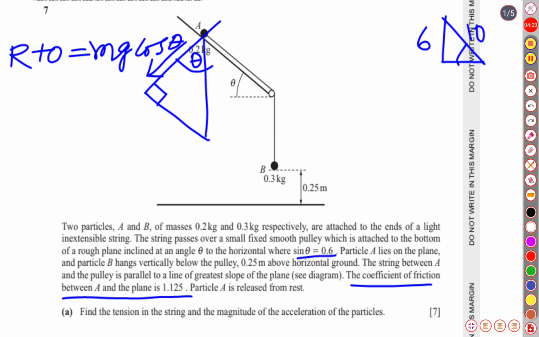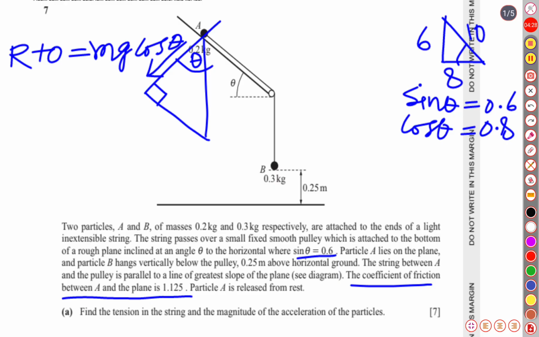So surely the horizontal side is going to be 8. Then sine theta is equal to 0.6, means cos theta is going to be 0.8. If we divide 8 by 10, it is going to be 0.8.